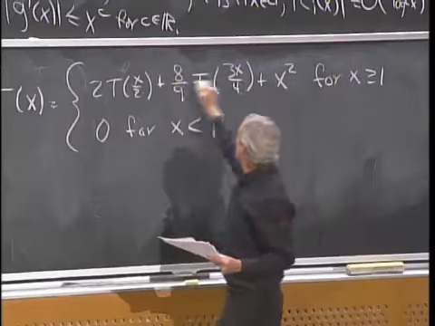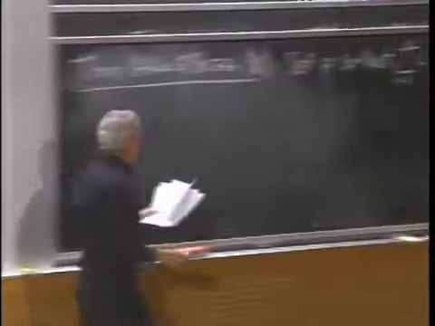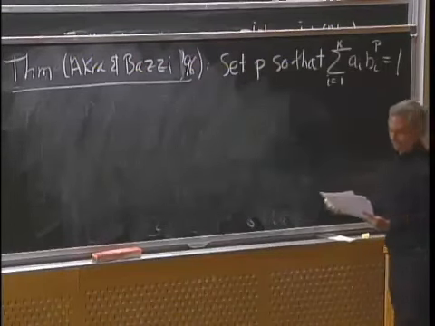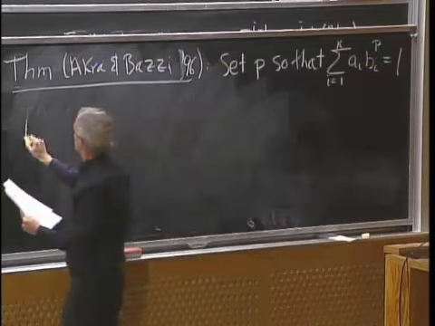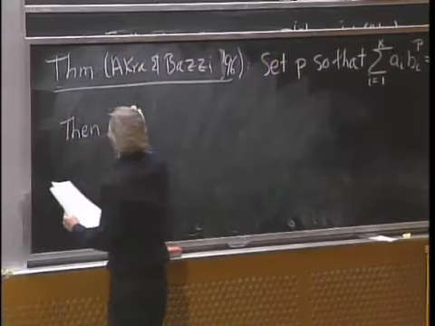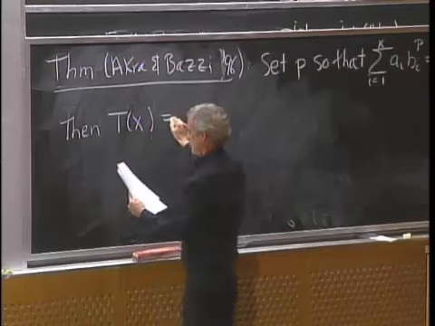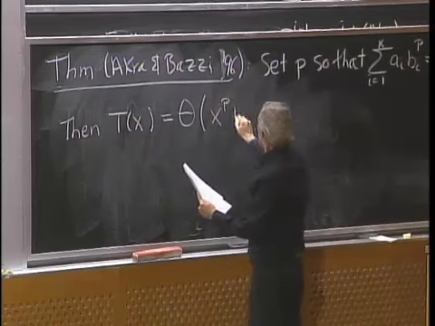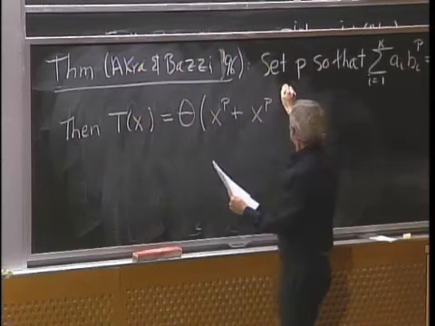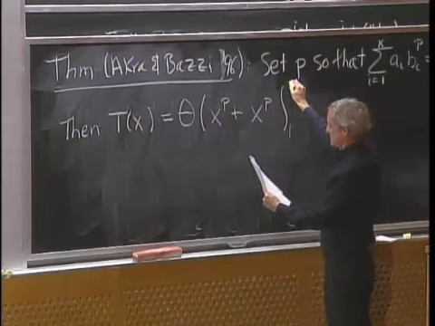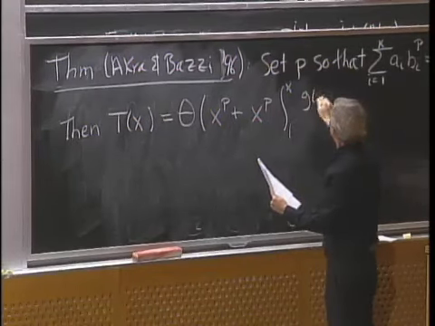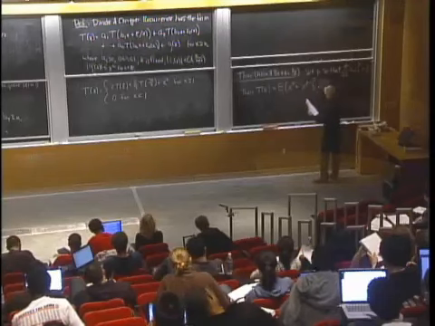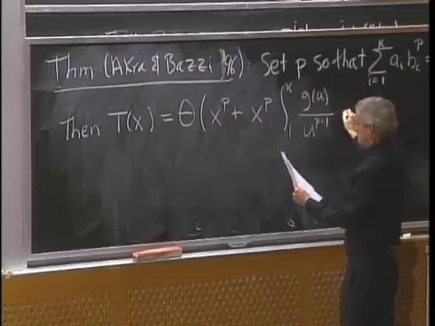The b_i's are the fractions here. Find a p such that this sum is 1. Then the answer is this. Then T of x equals theta. We're going to use our asymptotic notation. x to the p plus x to the p times the integral from 1 to x of g of u, where g is that polynomial thing at the end, over u to the p plus 1 du.